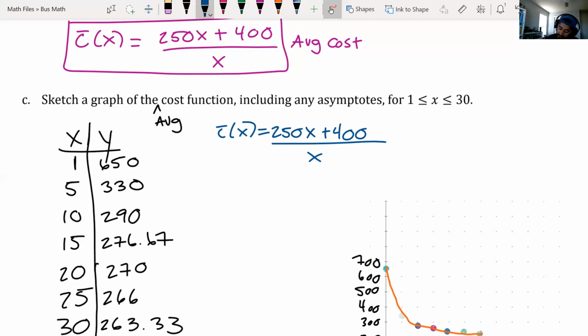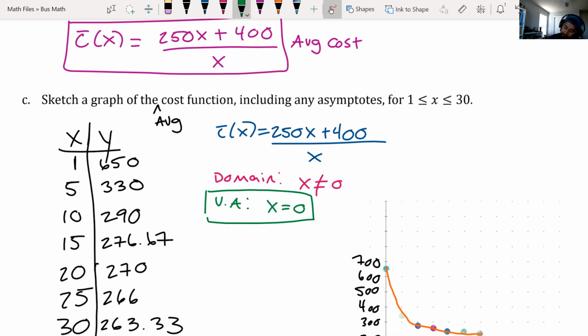The first thing we can look at is a vertical asymptote. To find that, remember you find the domain. Here, we would just take the denominator and set it equal to 0. So you'd get x equals 0, which can't happen, which means that my vertical asymptote is x equals 0.